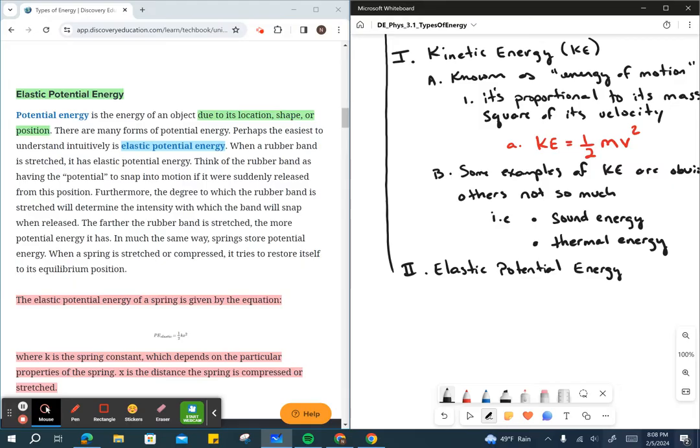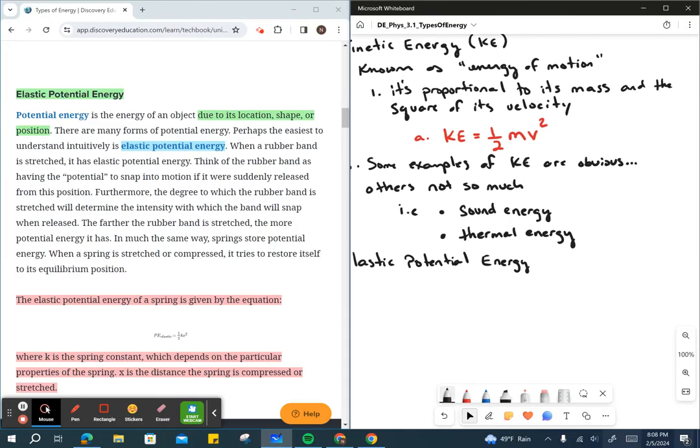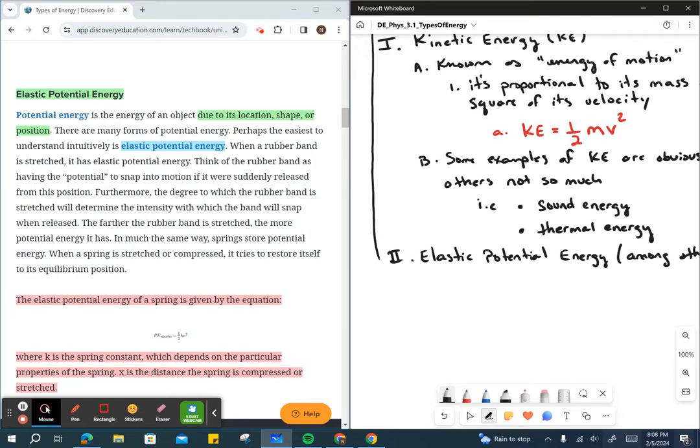Potential energy is the energy of an object due to its location, shape, or position. There are many forms of potential energy. Perhaps the easiest to understand intuitively is elastic potential energy. So maybe actually elastic potential energy, among others. There's many forms of potential energy, okay?